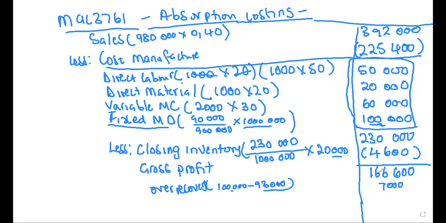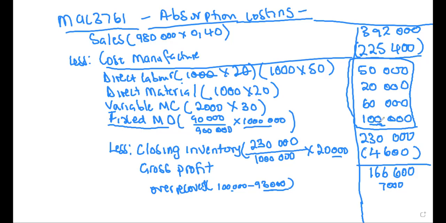Vice versa, if it is an under absorption, it means you absorbed less, so your profit figure is very high because of the less absorption that you did. Then you are going to subtract that figure because the profit figure is too high.